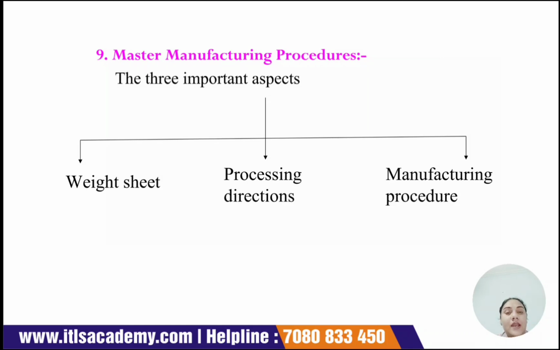Under this heading, the process direction should be precise and explicit, and it should be written in a very simple manner so that the operators helping in the manufacturing of any drug can easily understand.